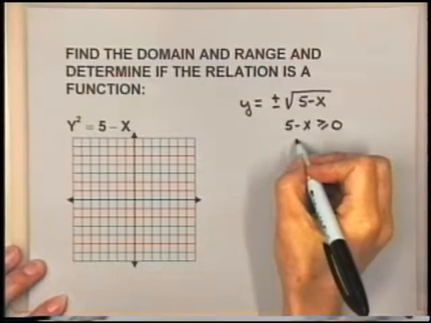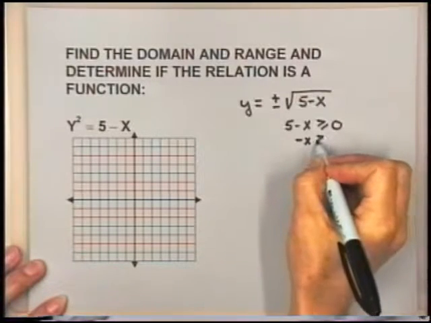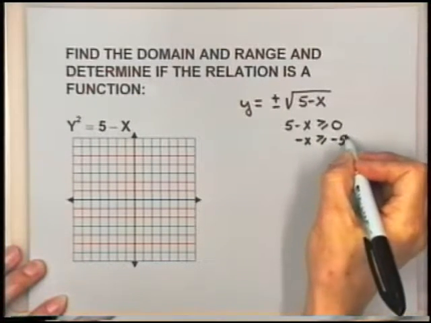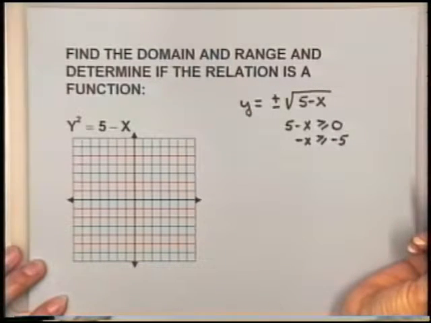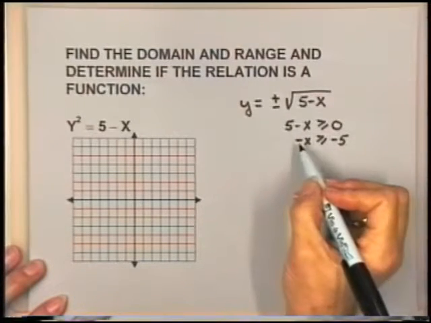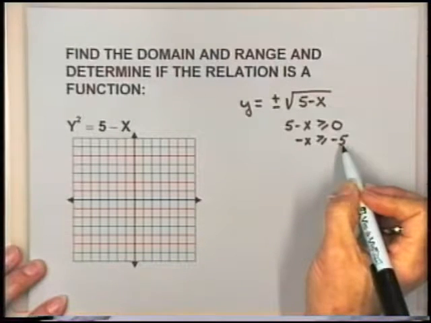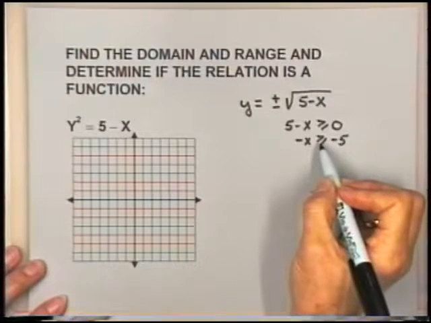Now, I can solve for x by doing this. If I subtract 5 from both sides, I have that negative x must be greater than or equal to negative 5. I would like to change this x into a positive rather than a negative. Remember, I can accomplish that by multiplying both sides by negative 1.